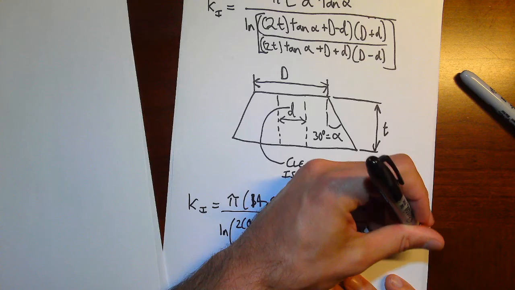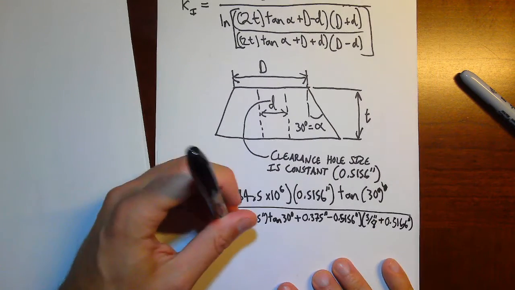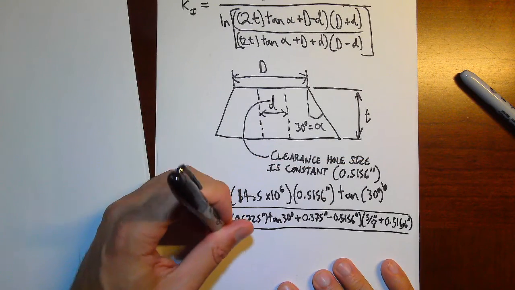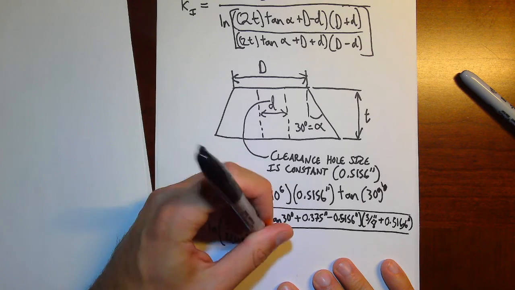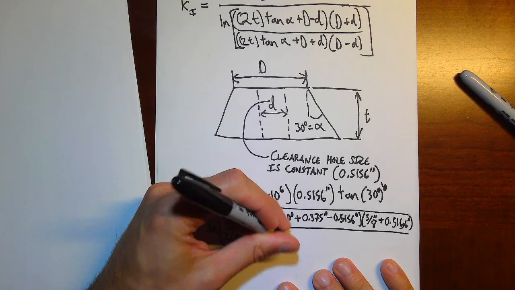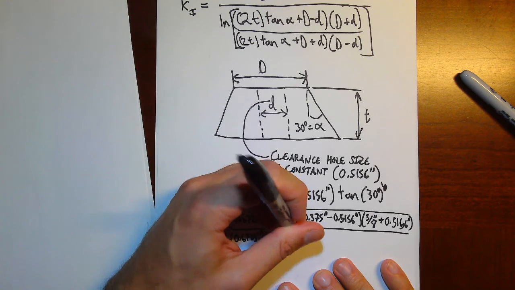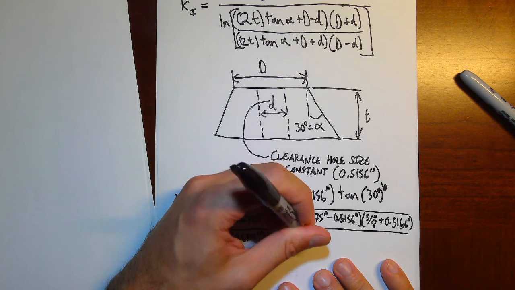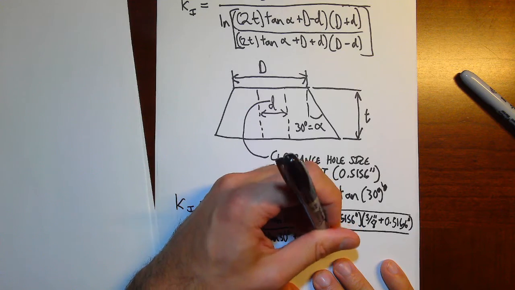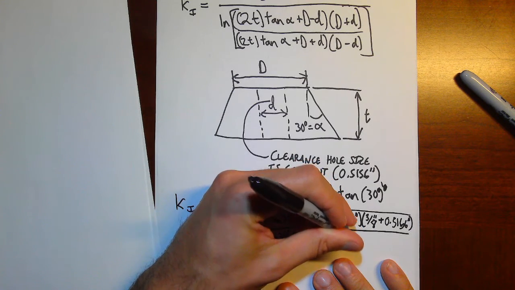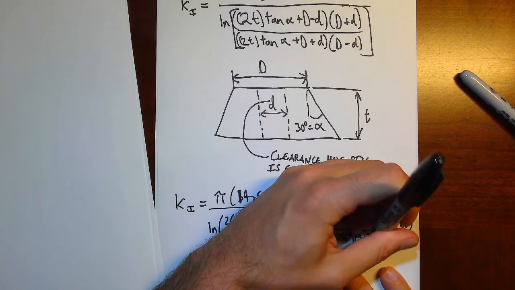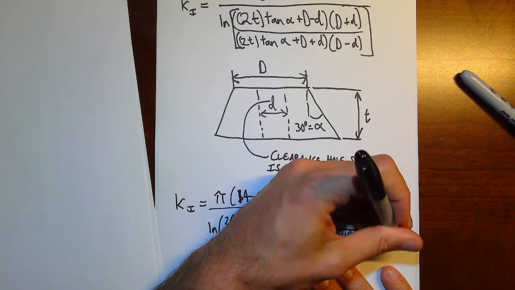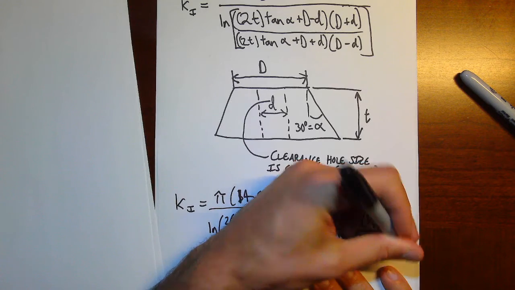0.515 inches. Great. Divided by 2 times 0.6725 inches. Tangent of 30 degrees plus 3/8 inch plus 0.5156 inches. 3/8 inch minus 0.5156.